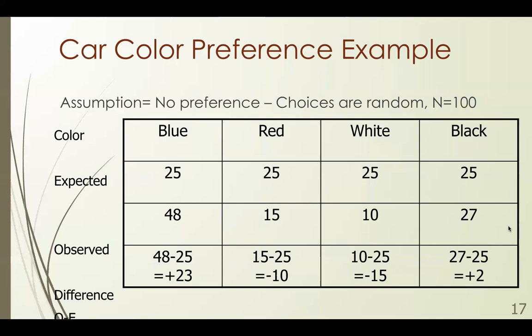So what you're doing is really getting a sense of whether your expected distribution is good enough. That makes sense. This kind of test is also called goodness of fit. So whether the expected model that you came up with is a good fit for what actually happened in reality.